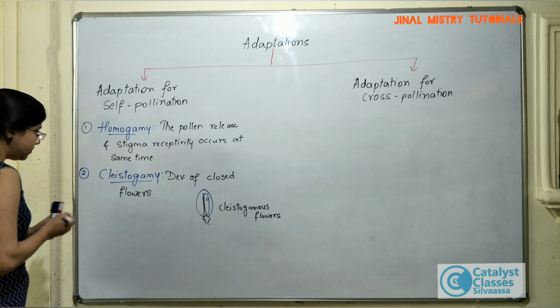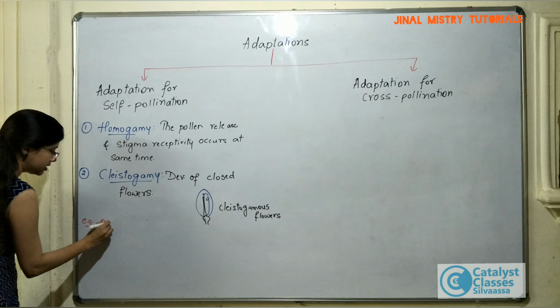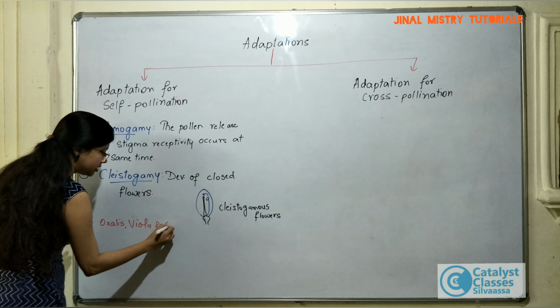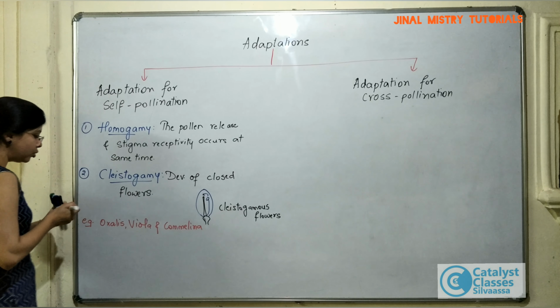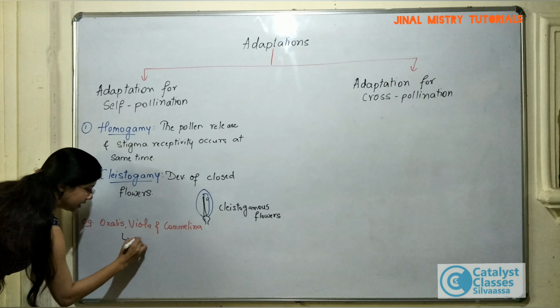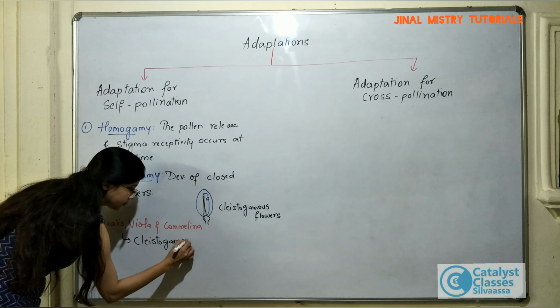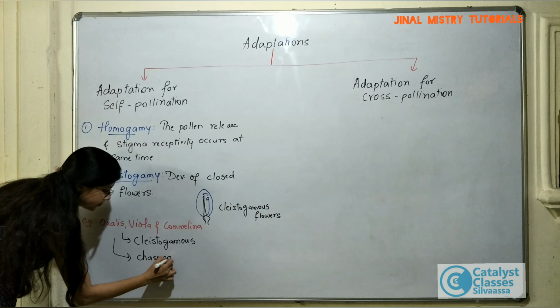Now, certain plants like oxalis, viola and commelina actually show both types of flowers. That means cleistogamous flowers as well as chasmogamous flowers.